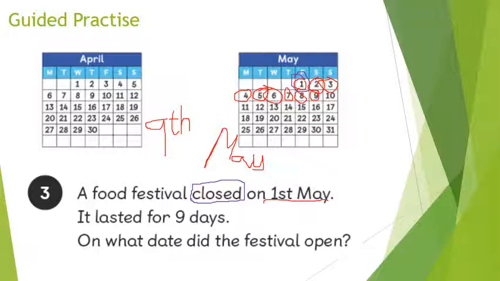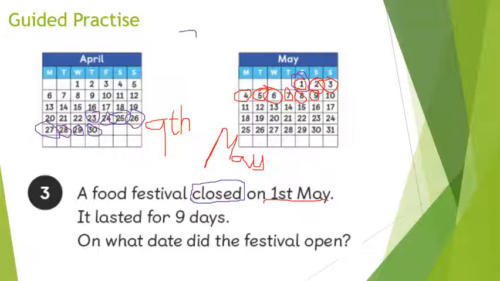I wonder which date you get to. I'll give you a little bit of time and see if you get the same answer that I do. Okay, so I've worked it out, and I think the answer should be the 23rd of April, but let's have a look. So we've got 1 of May, 2, 3, 4, 5, 6, 7, 8, oh my goodness, 9, 23rd.